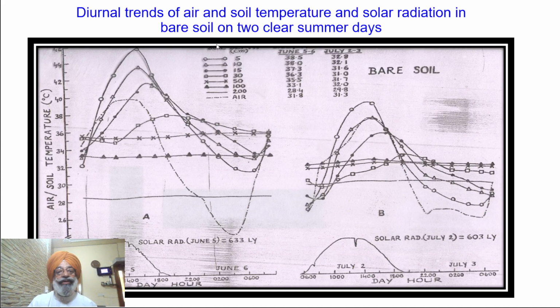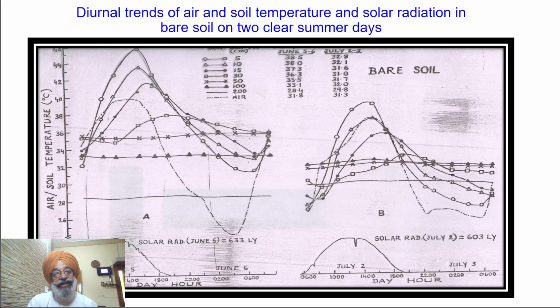After attaining the maximum temperature, as the solar radiation starts decreasing, as you know, the sun, during the afternoon hours, similarly the soil temperature also starts decreasing. So temperature at 5 centimeter is decreasing, even at 10 centimeter, 30 centimeter, but at 50 centimeter it is more or less a straight line.